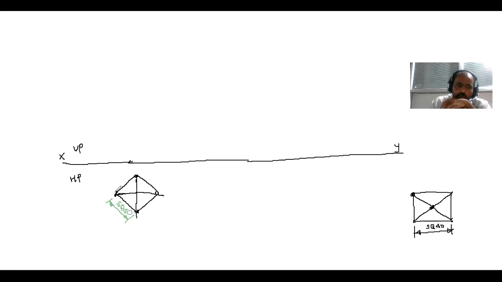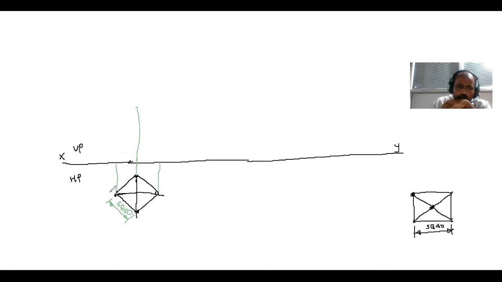Okay, after drawing this square, I project the lines here to draw the front view. I name the points first.